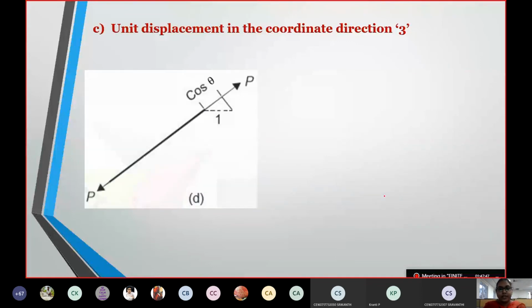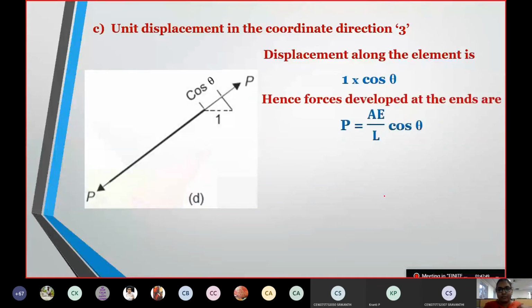We'll go for the next one. Yeah, we are done here. We are going for the same displacement happening in the coordinate direction 3. All right. So here we get the terms K13, K23, K33 and K43. Now K13 is, that is what I explained over there. See, 3 is in this direction. So if I impose, force in the member is in this direction.